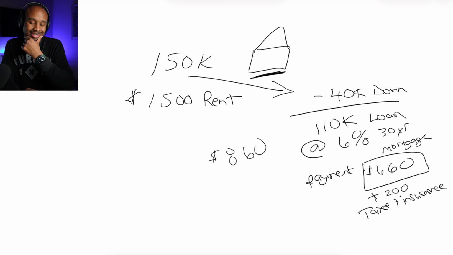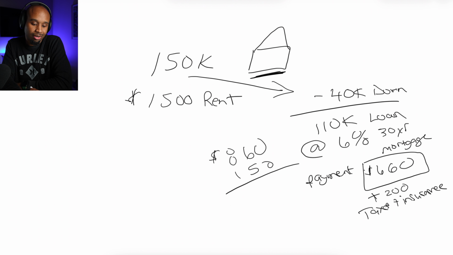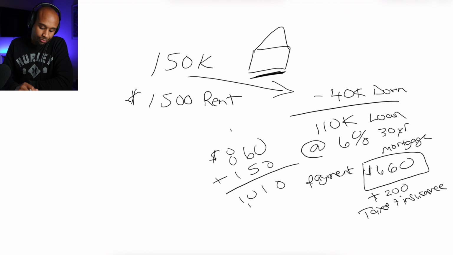But let's just say that you wanted to set aside, oh man, like $150 per month, and that's crazy low. So that's 1,000. Let me check this work. I don't want my math to be wrong at all. So yeah, 1,010 is what you'll be coming out of pocket to buy this house.